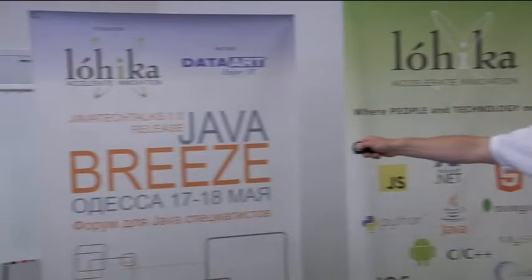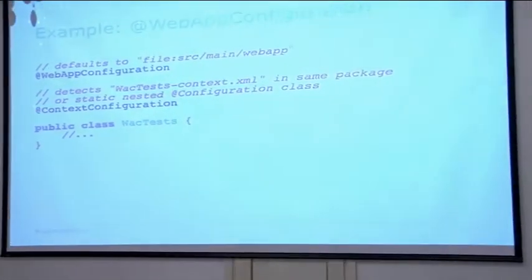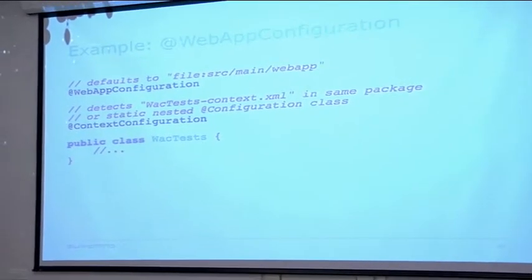So what we want to notice here is what the defaults are. By default, as I mentioned, web app configuration will look in the file system for src/main/webapp for that folder. And in contrast, context configuration will look in the class path, not the file system, but literally just look up a class path resource based on the name of the class, and then adding the -context.xml suffix to that, in the same package as this test class.